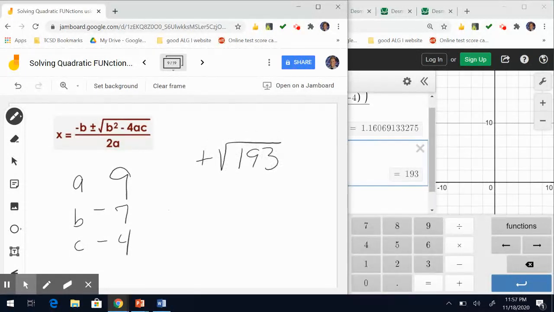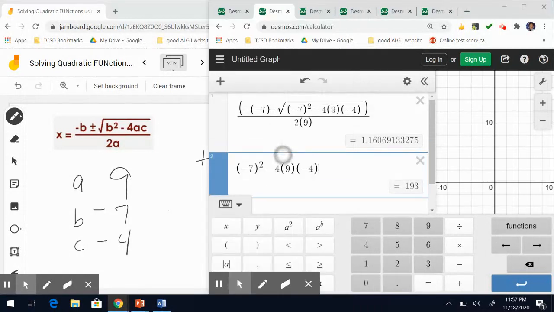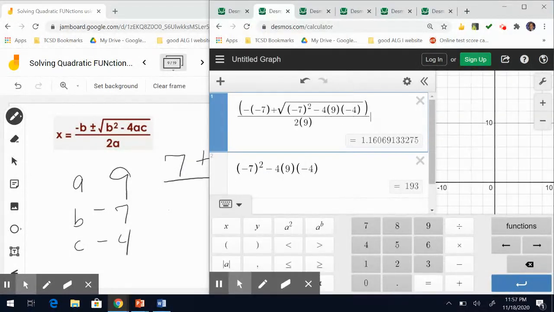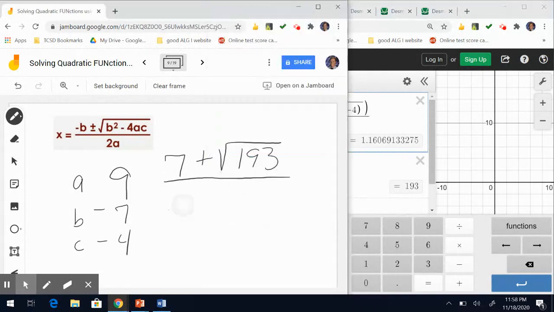It's close to radical 196, which is 14. However, what do we still have in front? We have this opposite of 7, right? So what's the opposite of 7? Positive 7. And then what's 2 times 9? I'm telling you the answer is 18.